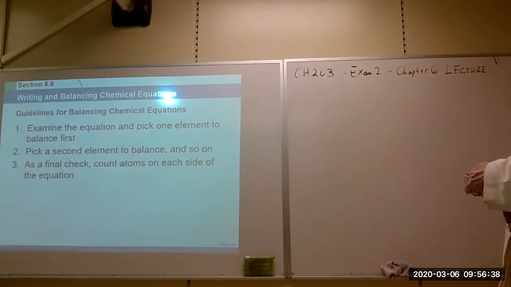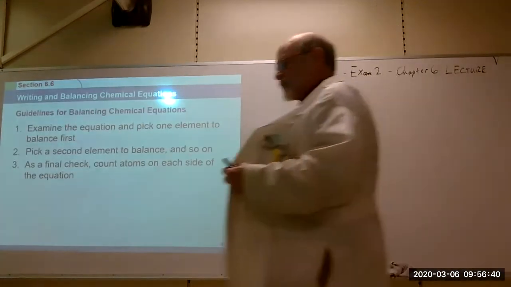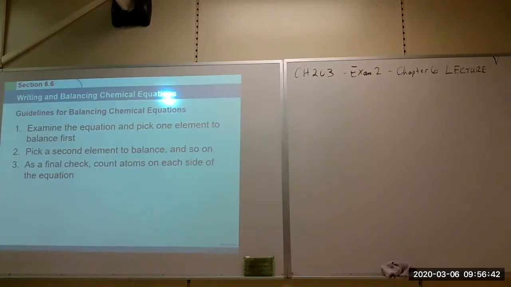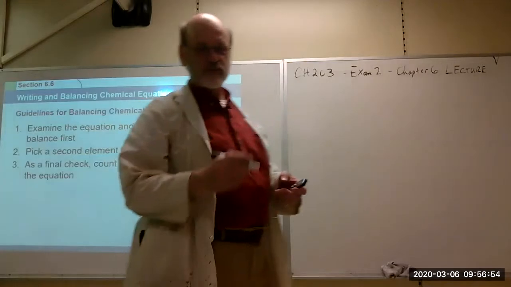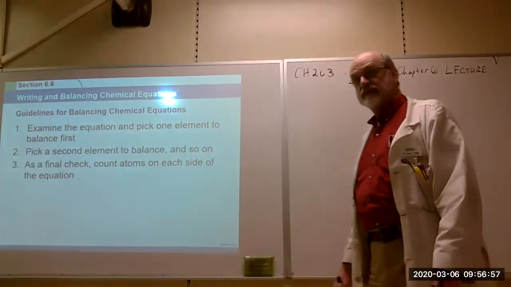Okay, so most chemistry books that I've ever seen give you an equation and they say one line, balanced by inspection. Have you seen that? Check out your book. That's probably what it says.